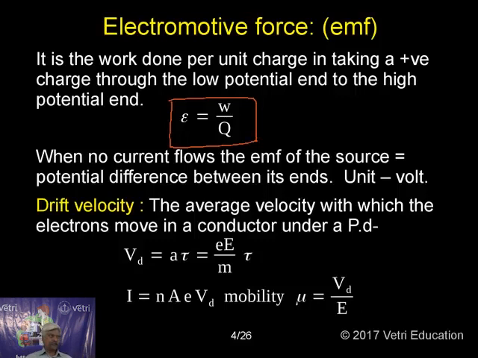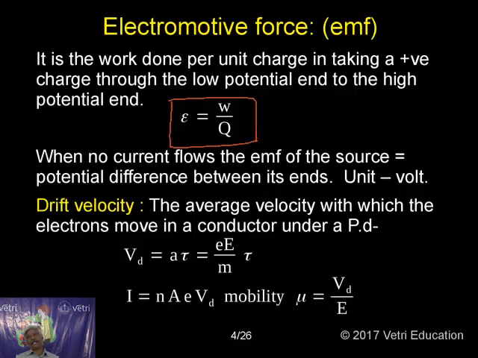So the potential difference and the EMF are all the same. Only one difference is, if current flows, we should call it EMF. If no current flows, we should call it potential difference. Unit is always volt.